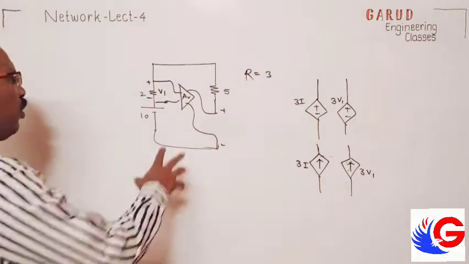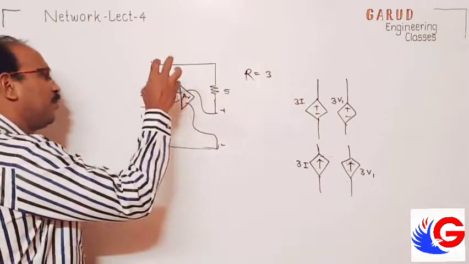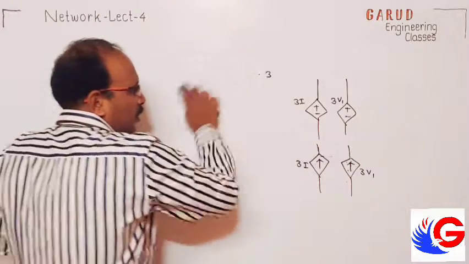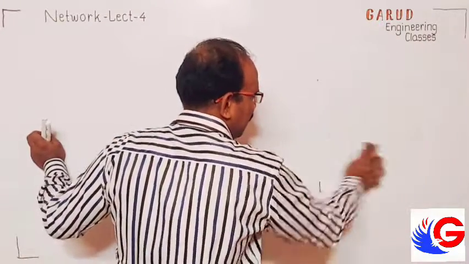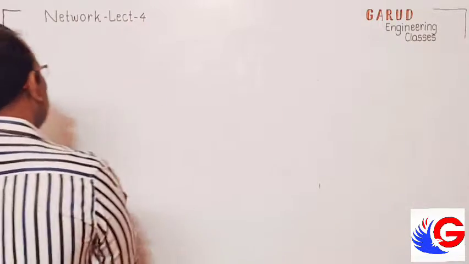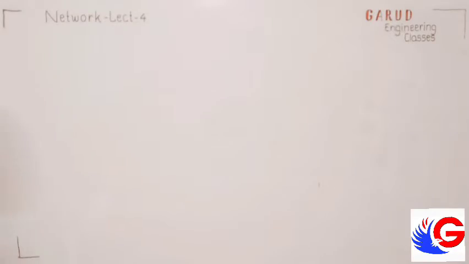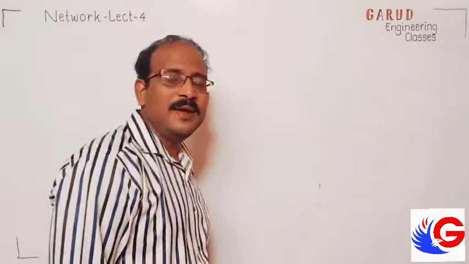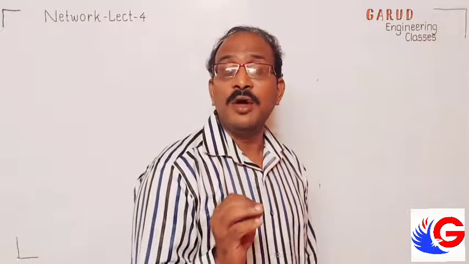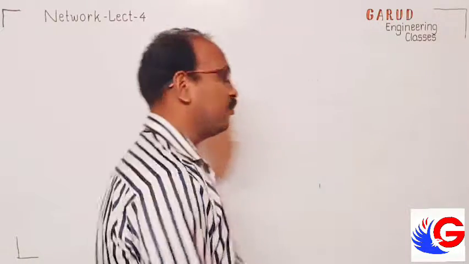But actually we don't have to draw a circuit here. We have to draw this with symbols. So I will tell you something about dependent sources. While solving dependent sources, we have to remember a few things. You must know something about dependent sources.